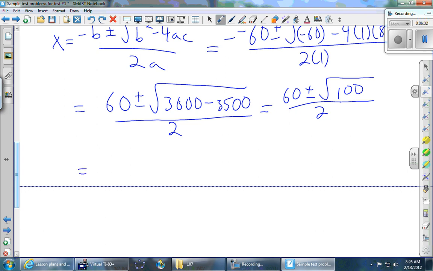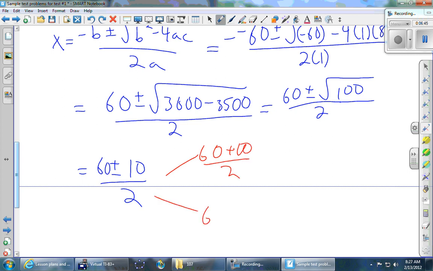So this is 60 plus or minus, and the square root of 100 is 10, divided by 2. So we've got two different branches here. 60 plus 10 divided by 2, and 60 minus 10 divided by 2.